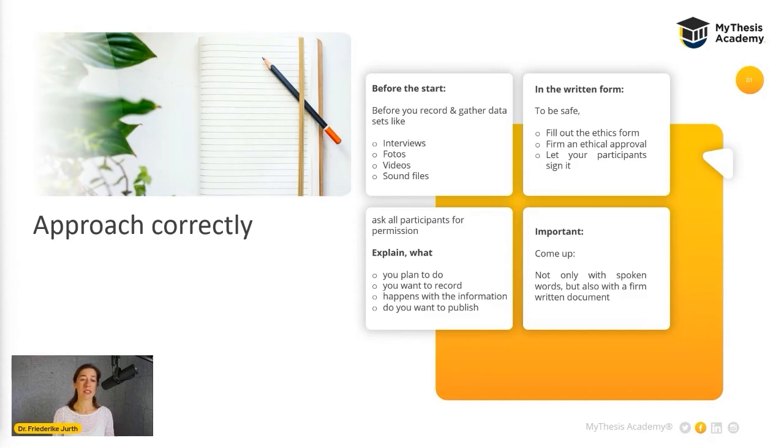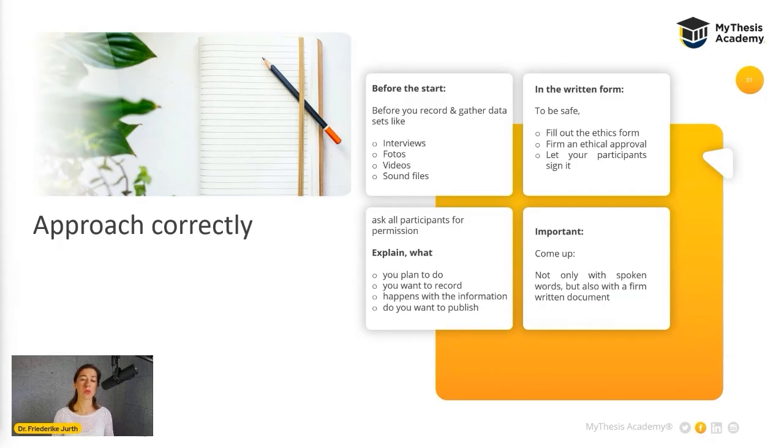Then, if it comes to the written form and the preparations, not only in an oral way, but also something written and formal.